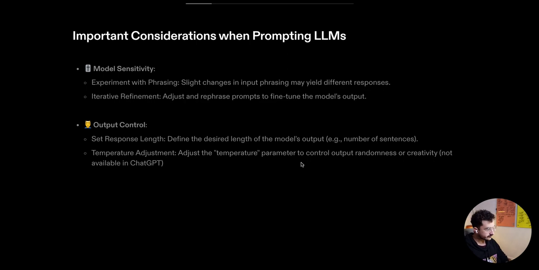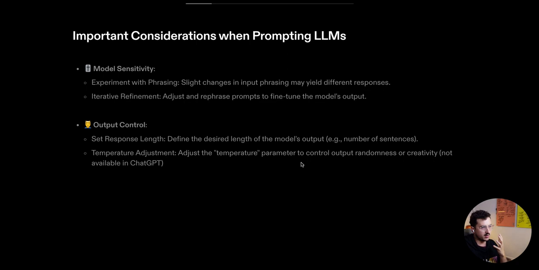Another one, model sensitivity, right? You want to experiment with the phrasing, as I said before, because that's going to yield different responses, but that also means that you want to iterate a little bit on the language, on the way that you think the model is interpreting you.